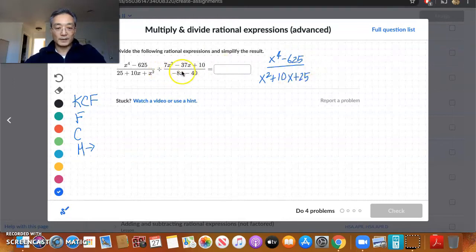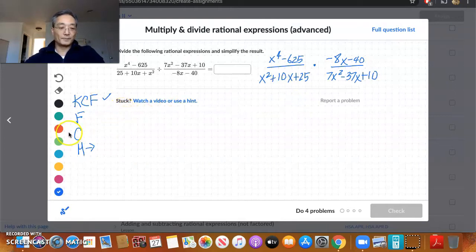And instead of dividing, now it's multiply. And then we're going to flip this whole thing: negative 8x minus 40 over 7x squared minus 37x plus 10. Okay, so that was our keep change flip.